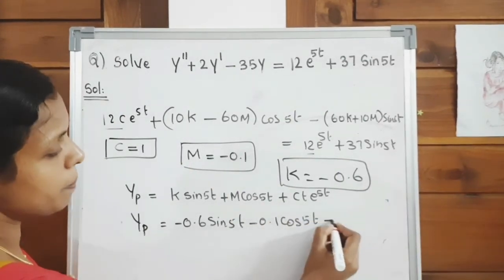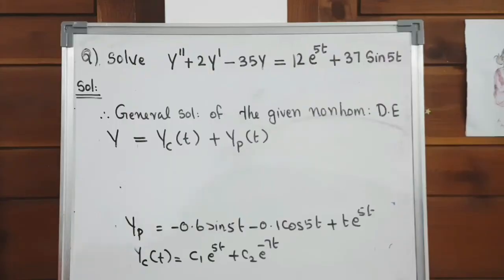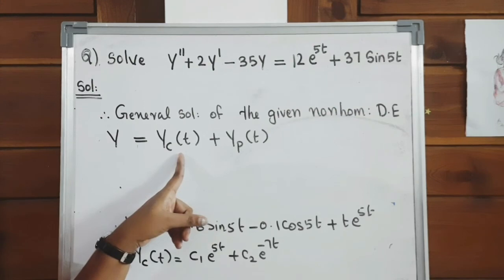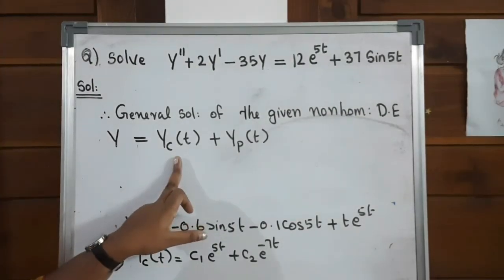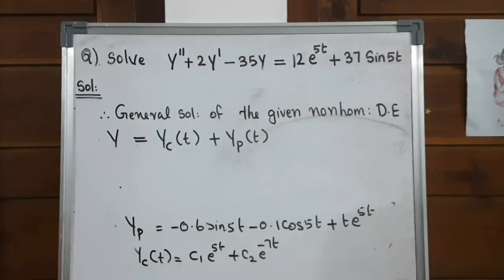Here c is 1, plus t e raised to 5t. Therefore, the general solution of the given non-homogeneous differential equation is y equal to yc of t plus yp of t. Substitute the value of yc of t and yp of t in this equation, we get the required solution.